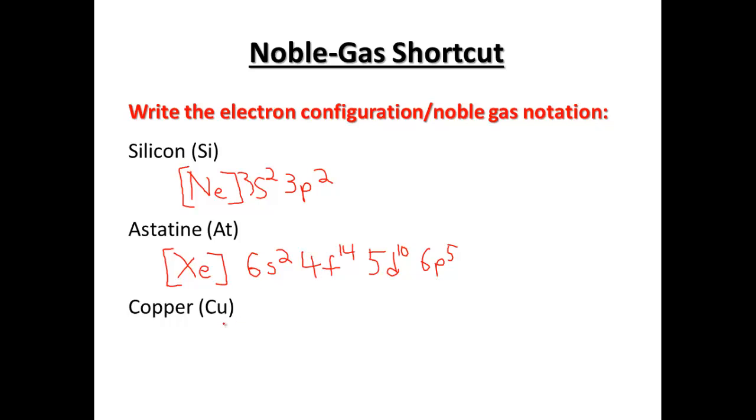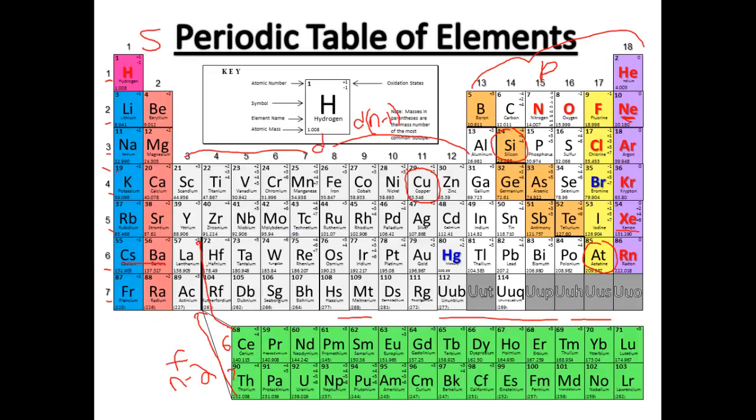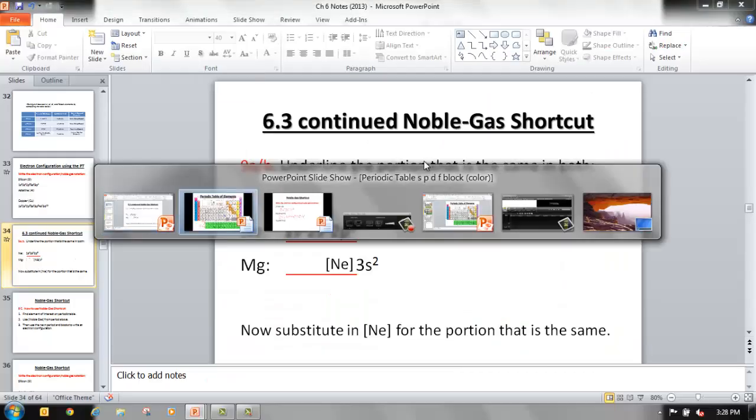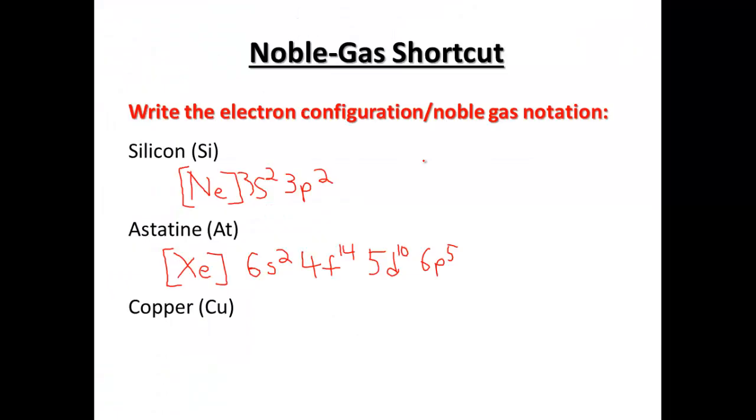From there, copper. Remember, copper had that one change to be made. With copper, we are looking at an element in our 11th group, and it's going to be that wild card that's going to steal an electron. So for copper, the noble gas one row above is argon.